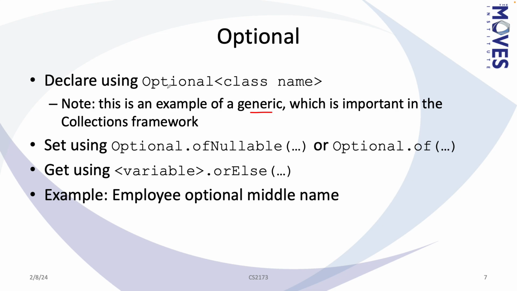In other words, this Optional class can take any class whatsoever and deal with it in the same way. And you specify it by this. It makes it type safe. So for example, if I try to do something other than a string on the one I declared a string, the compiler won't let it. So it's a way of type safety and maximum flexibility. We'll see that in collections, where it becomes a big deal.